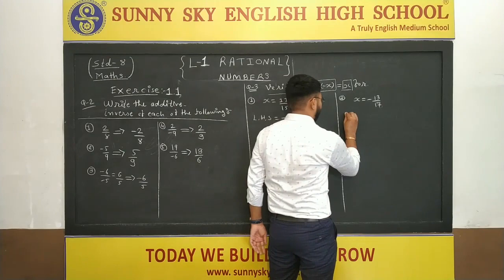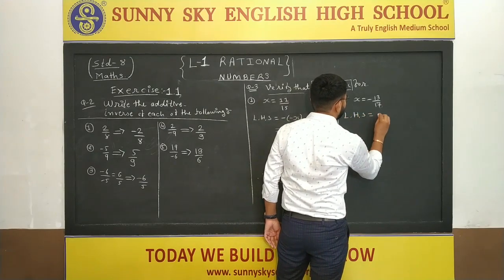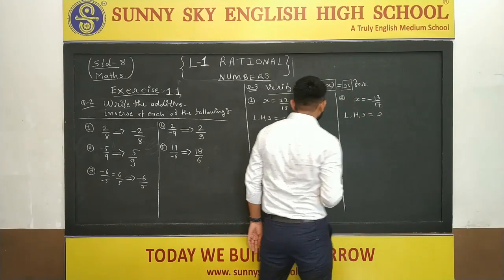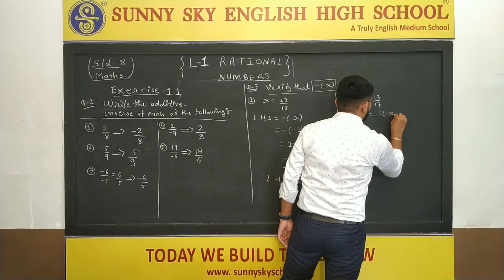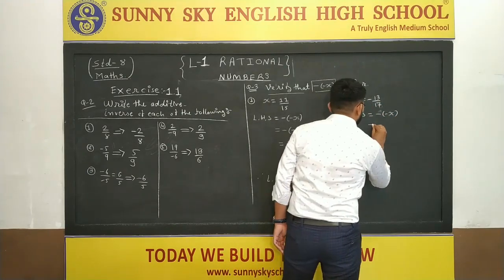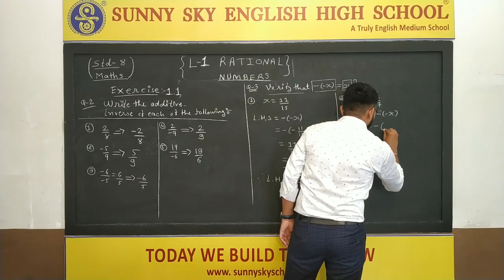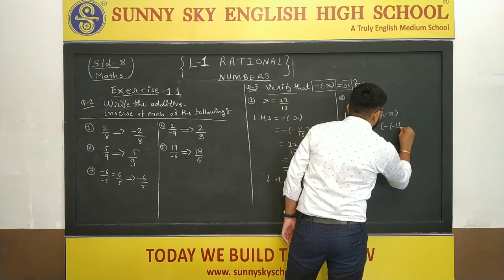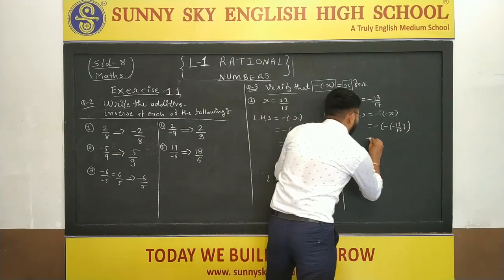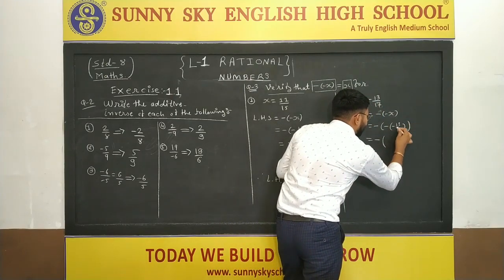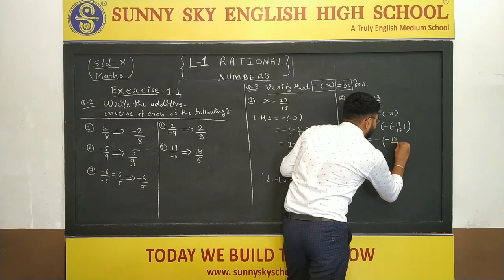Now for the second question, the left hand side is given as minus minus x. Now put the values. See here, 3 times minus becoming, here minus and here minus 13 by 17 is already given. See here inside, minus minus is plus, therefore minus 13 by 17.